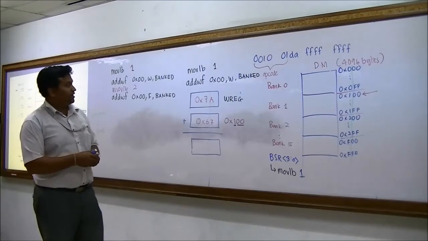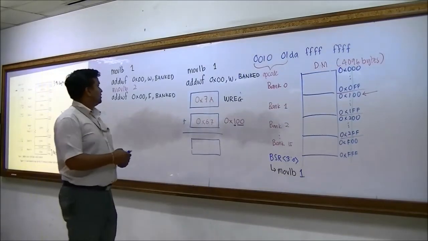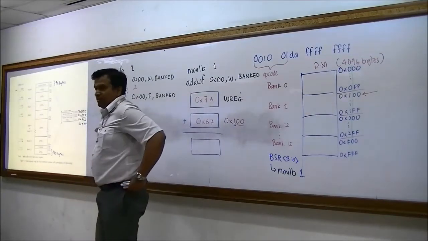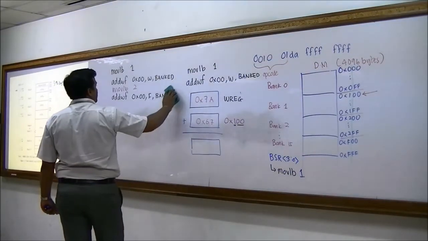So we can take back the same example, and with this example we will finish the class. Okay? Can I erase this part?